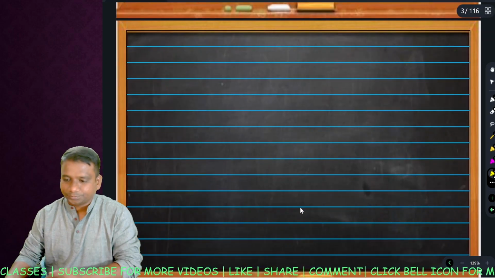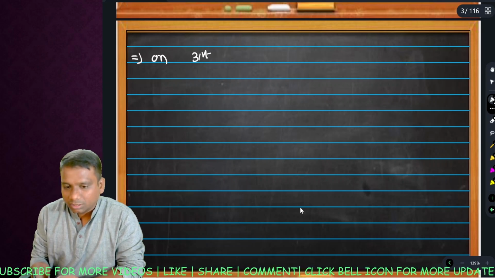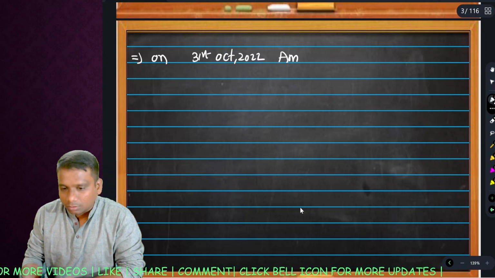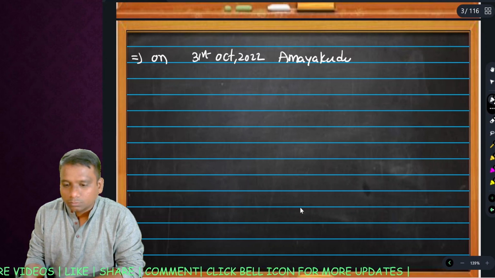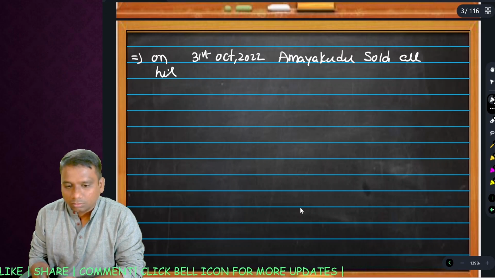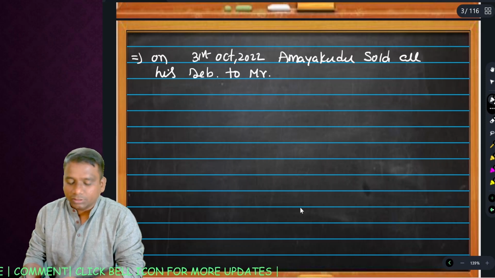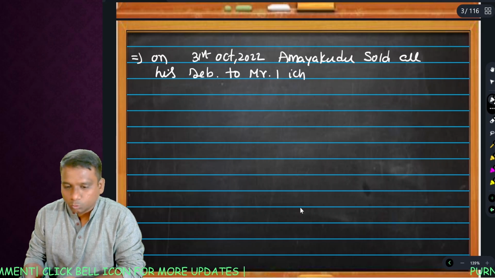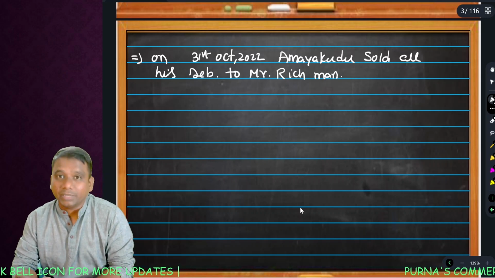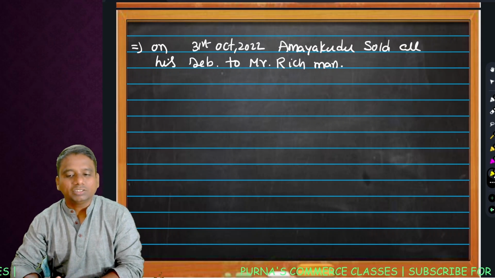Now, next. On 31st December 2022, Amayikudu sold all his debentures to Mr. Richman.